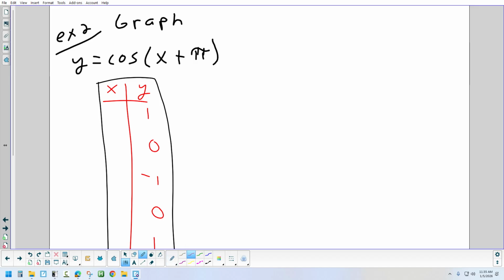Can someone remind me the original x values for cosine? I'm not going to put them in the table. I'm just going to put them on the outside because I have work to do on them. 0, pi over 2, pi, 3 pi over 2, 2 pi.